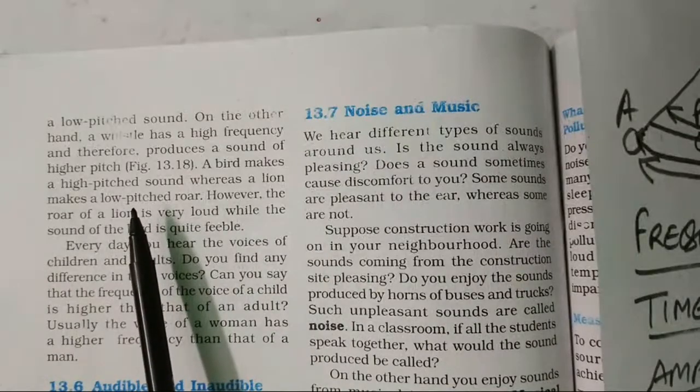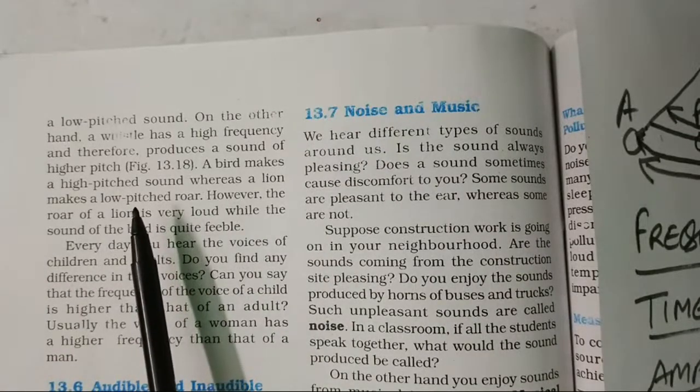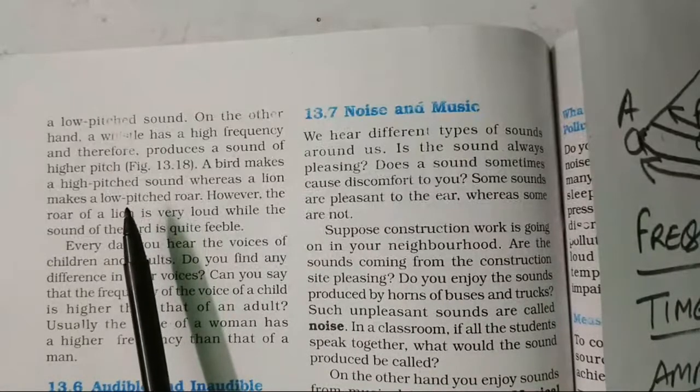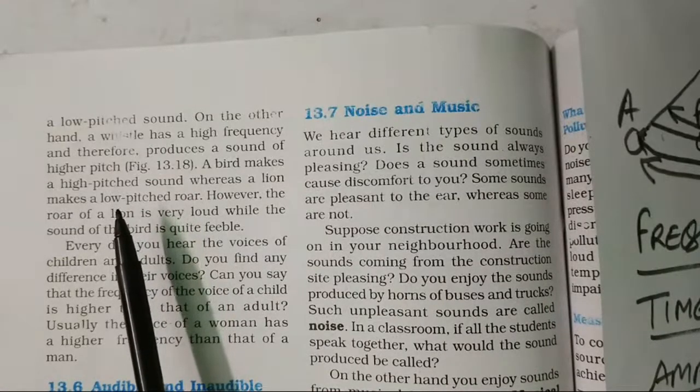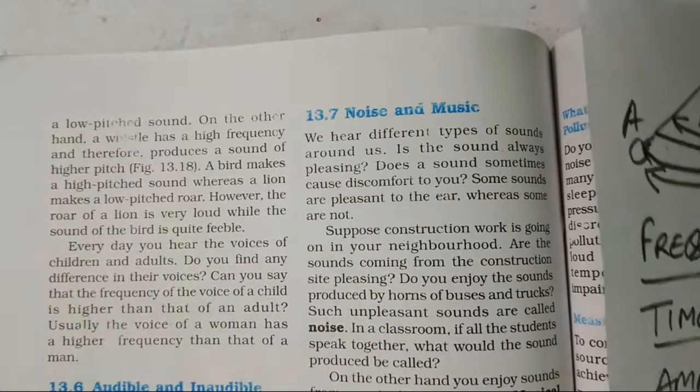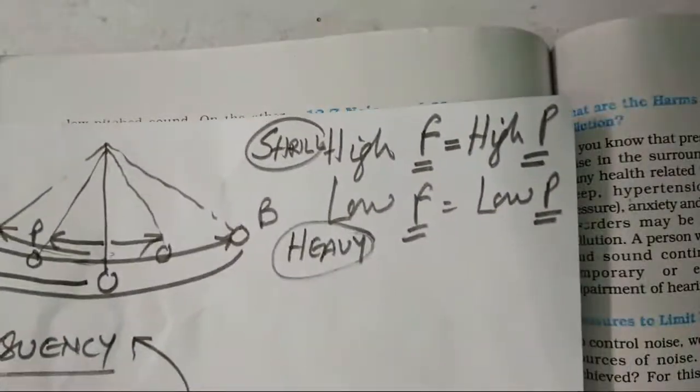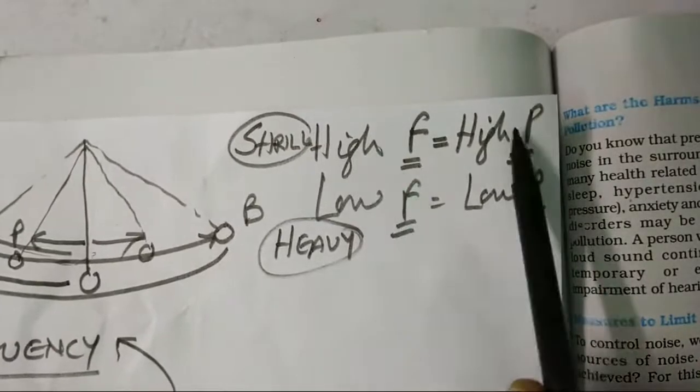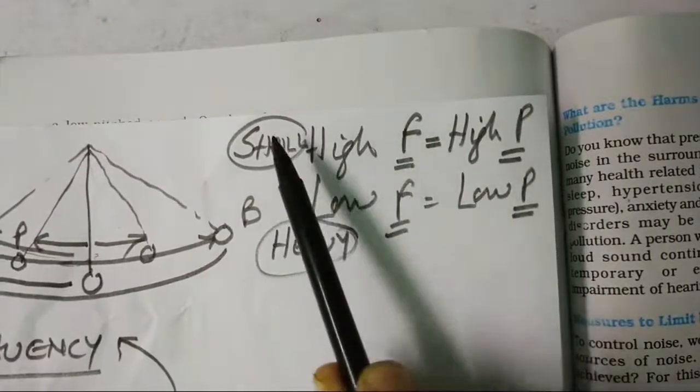Low pitch means that when the lion roars, its sound will be heavier, and when the birds are singing or chirping, the sound is very high pitched. So high pitch sound means high frequency means shrill sound.